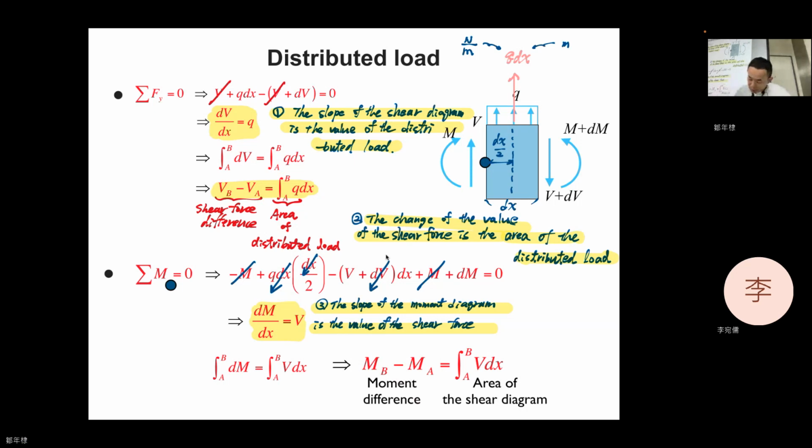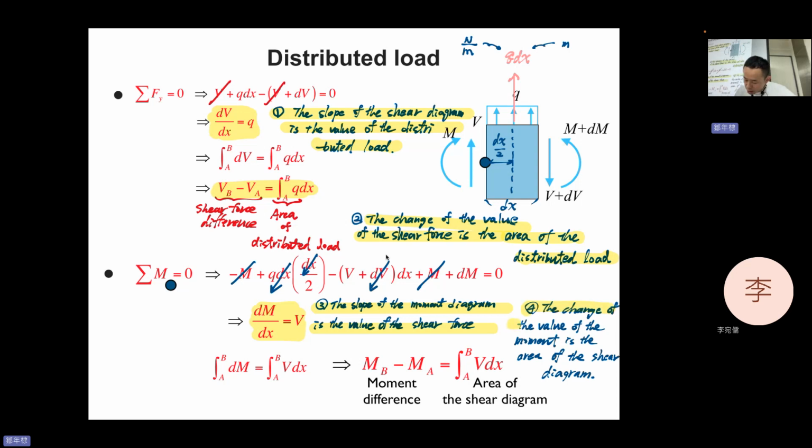So again, the fourth one: the change of the moment is the area of the shear diagram.